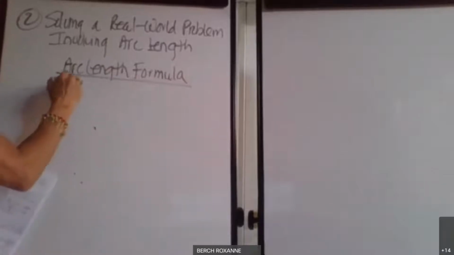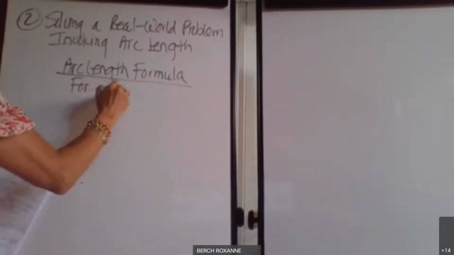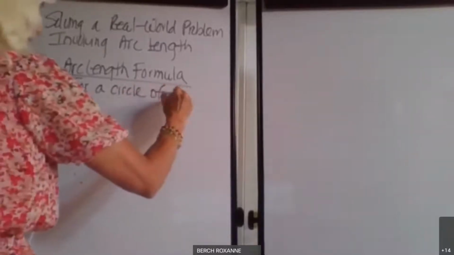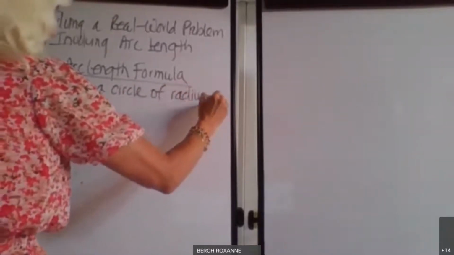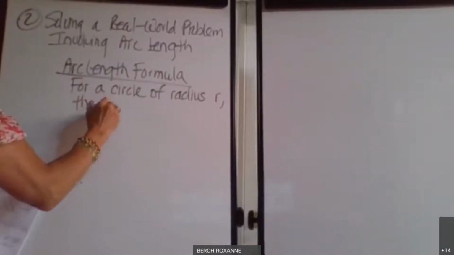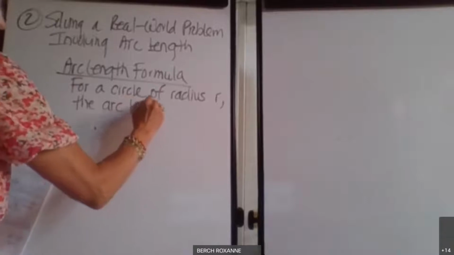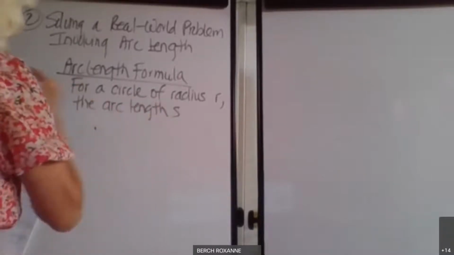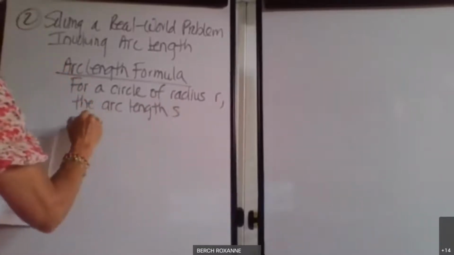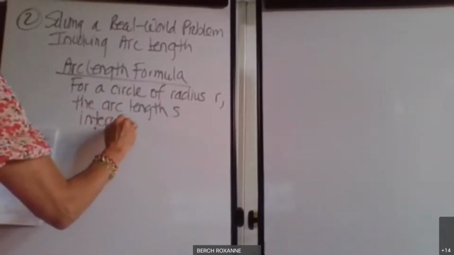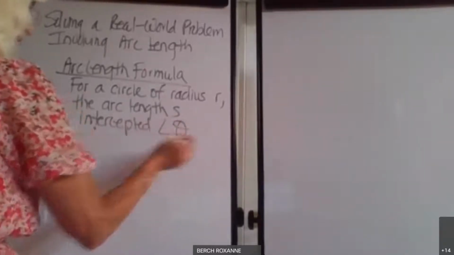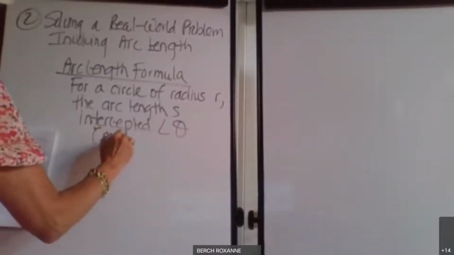So here's the arc length formula for a circle of radius r. The arc length S intercepted by an angle theta, which is measured in radians.